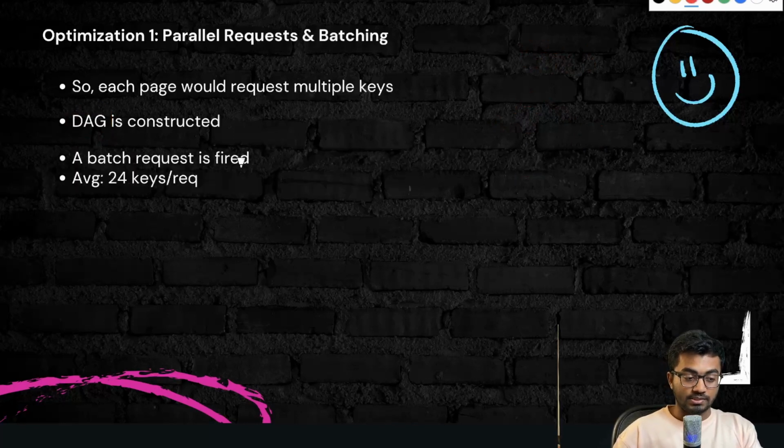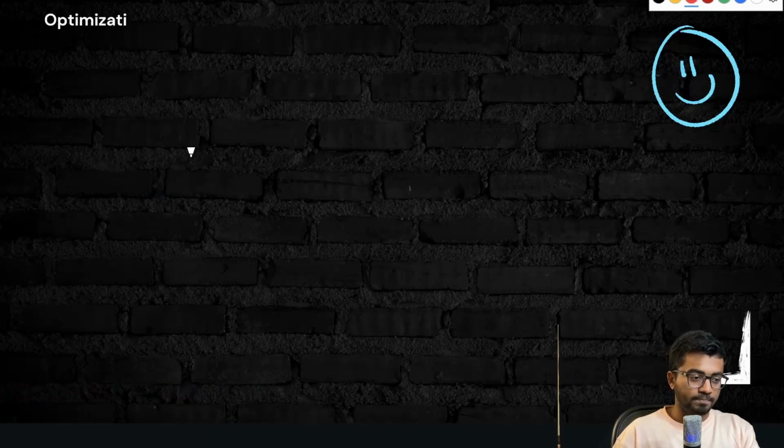Then a batch request is fired. As per the stats they gathered, each batch request averaged almost 24 keys per request. That was a huge improvement from going through a single key per request to around 24 keys per request. So parallel requests and batching helped them reduce the latency to a great extent.